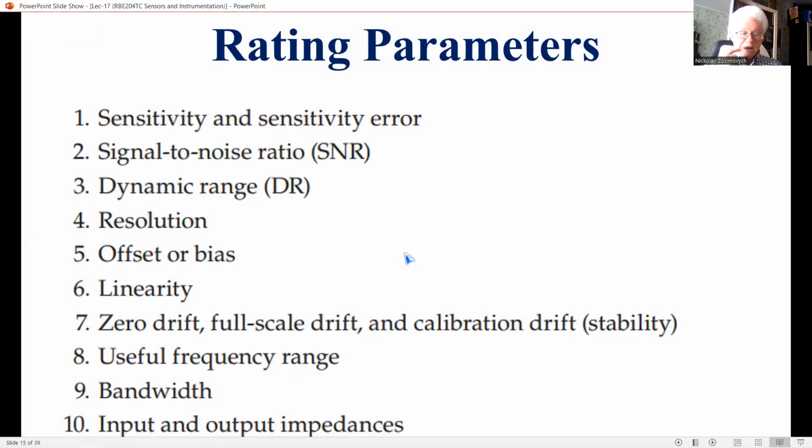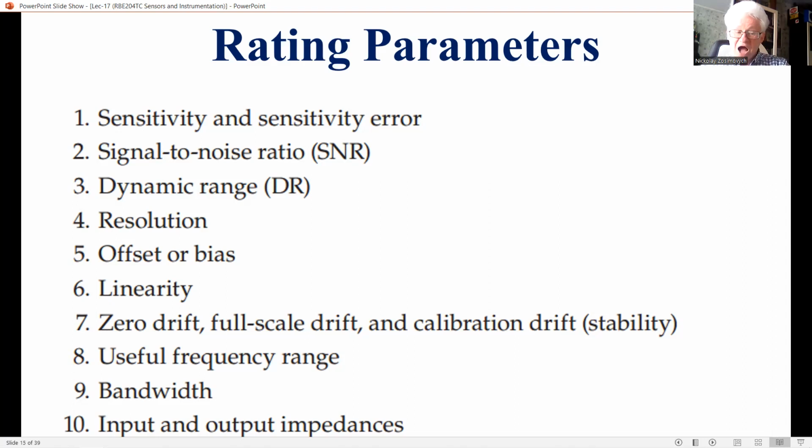Typical rating parameters provided by instrument manufacturers and vendors in their data sheets are the following, as you can see on this slide: sensitivity and sensitivity error, signal-to-noise ratio (SNR), dynamic range (DR), resolution, offset or bias, linearity, zero drift, full-scale drift, and calibration drift for stability, useful frequency range, bandwidth, and certainly input and output impedance.